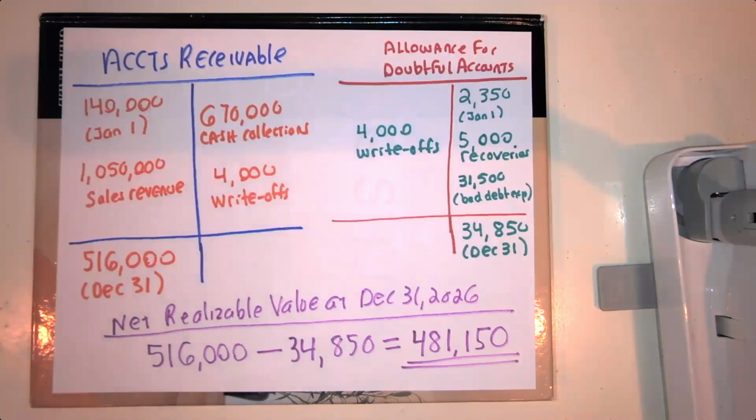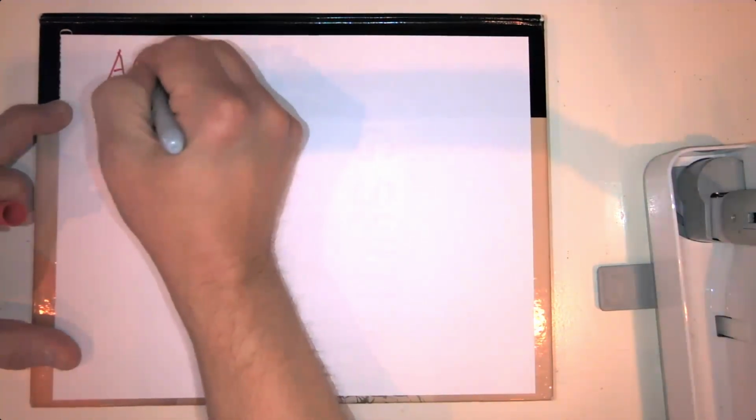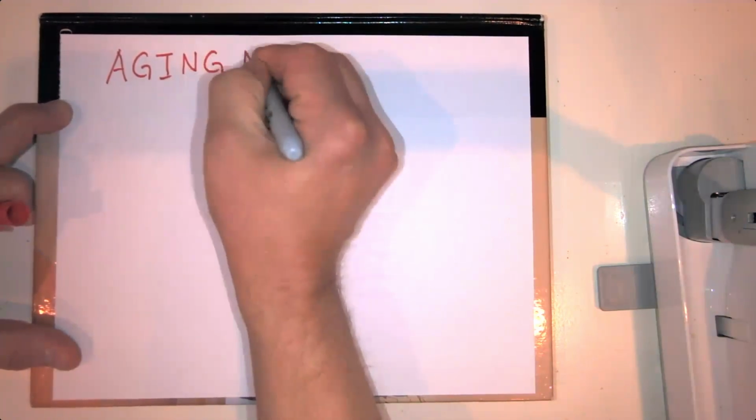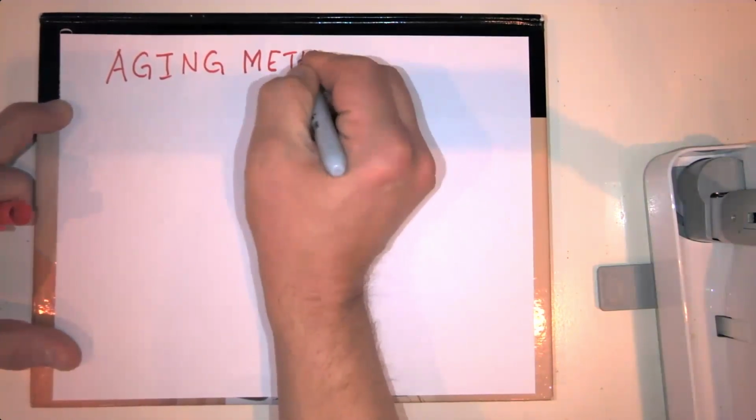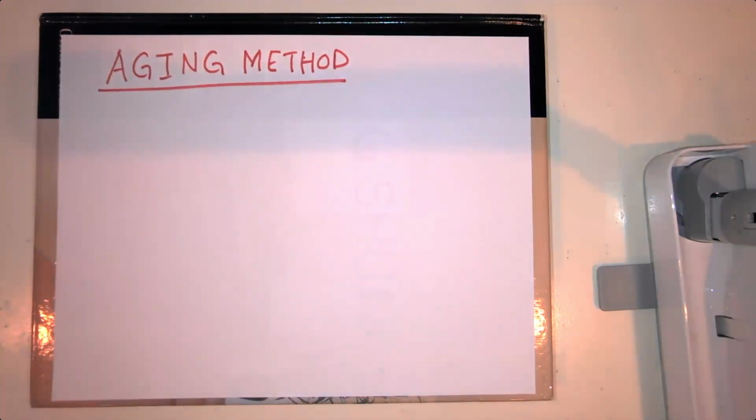Well, then let's take a look at our other method that we have to estimate our bad debt expense. And it's called the aging method. In this aging method, this is where we're going to make use of that aging schedule. Now, one thing I want you guys to recognize, the aging method and the net credit sales method, they are both techniques that we can use to estimate our bad debt expense.